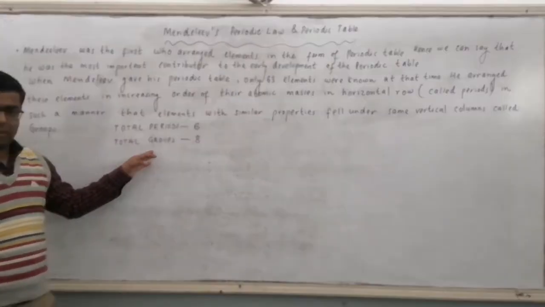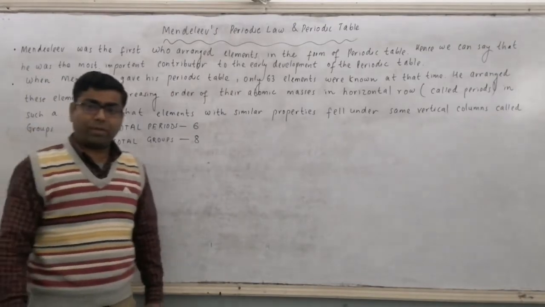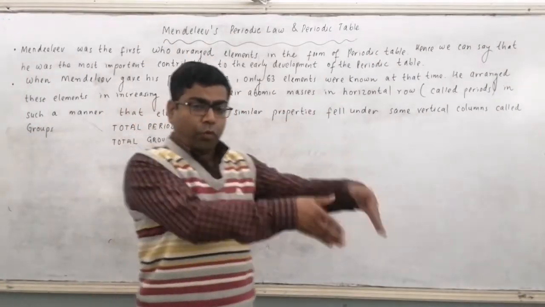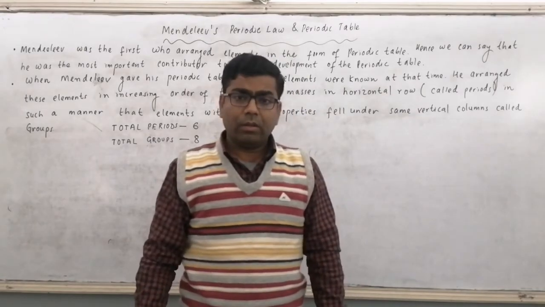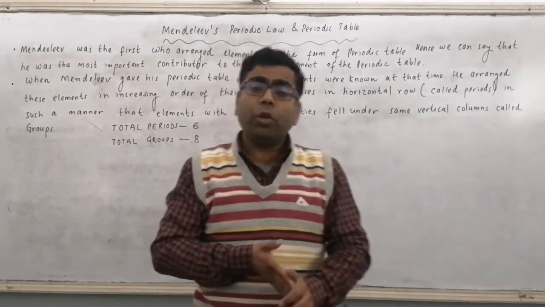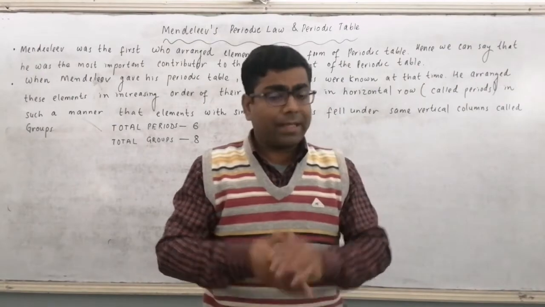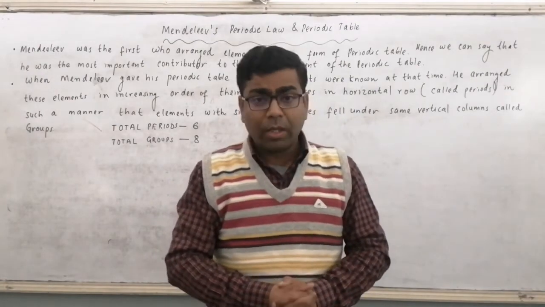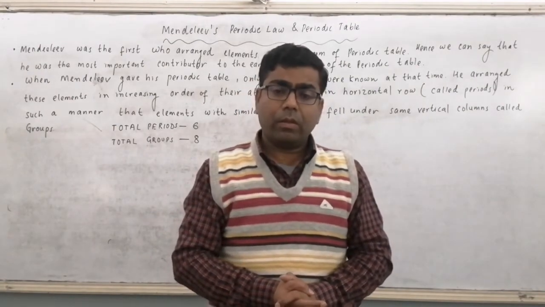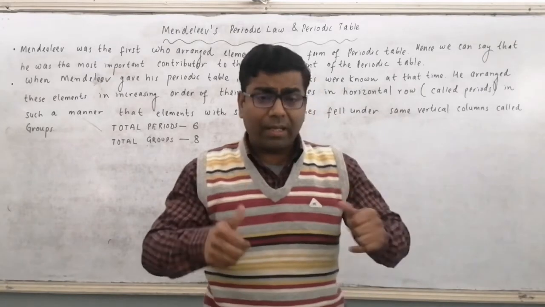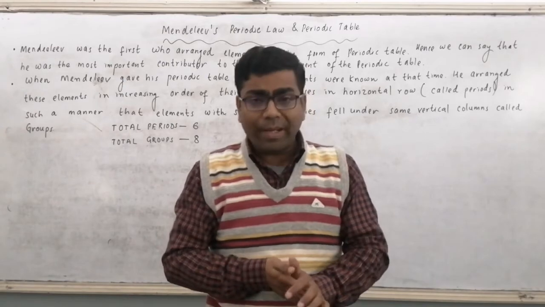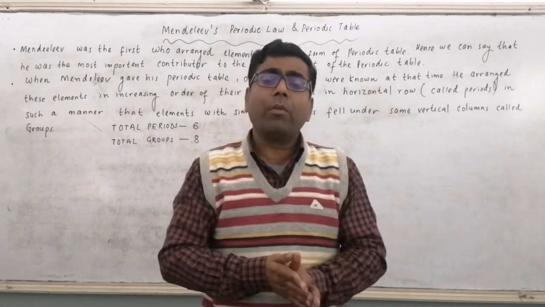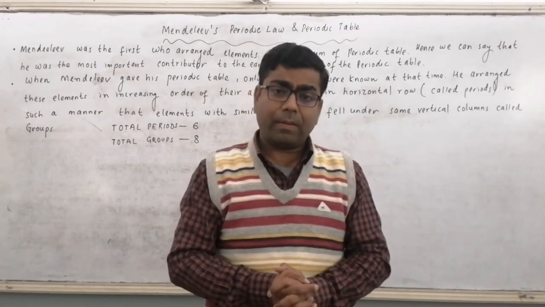Total vertical columns which are called groups were 8: 1, 2, 3, 4, 5, 6, 7, 8. The elements which belong to the same group exhibit similar properties. So the important part here is he arranged the elements in periodic table in the form of their increasing atomic mass.